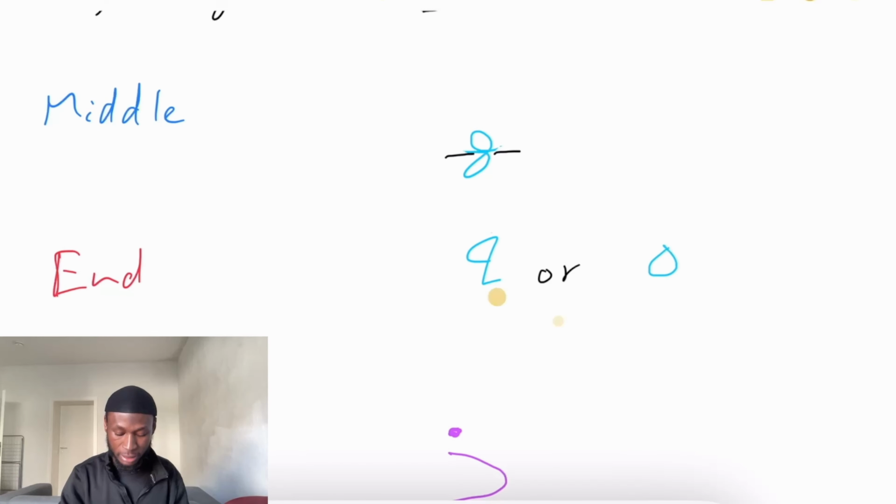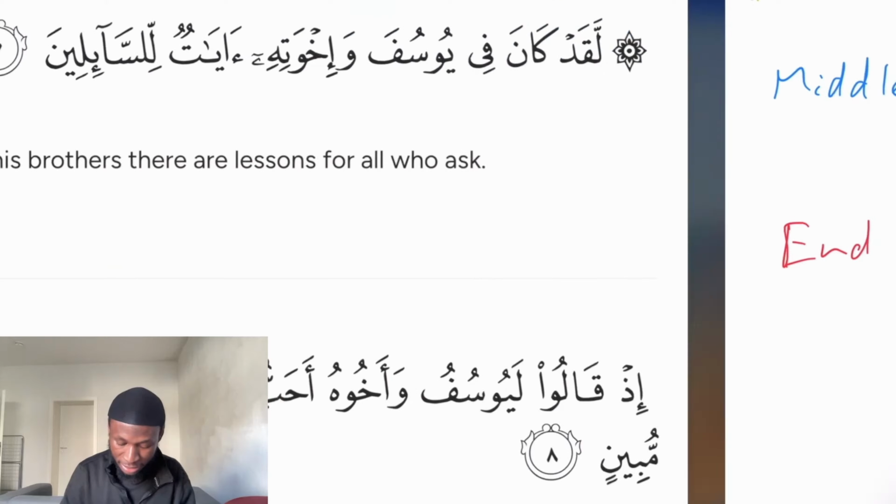You can find it like this or like this. So I have some examples. Sometimes my handwriting is not the best, I know that, so the best thing is to look at the textbook. Let's look at how it is written in the Quran, and it will give us some ideas.